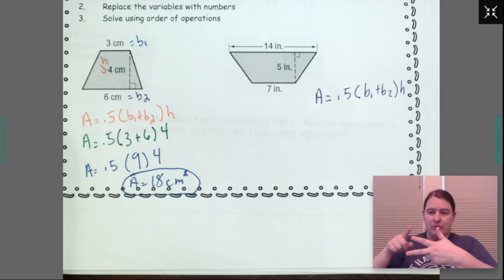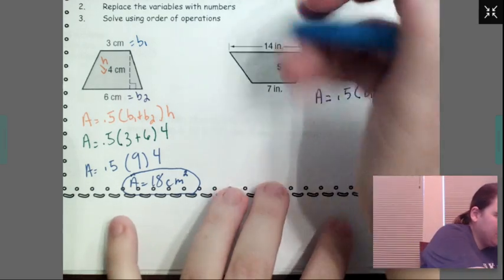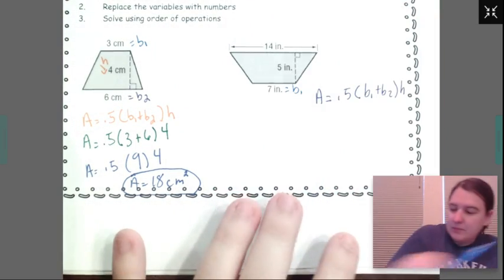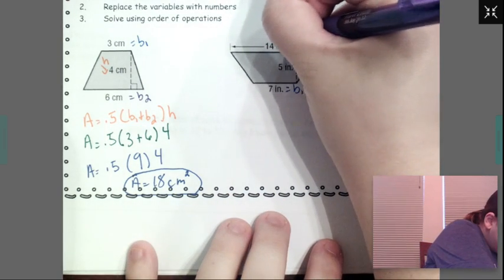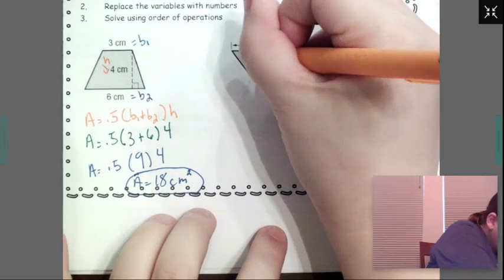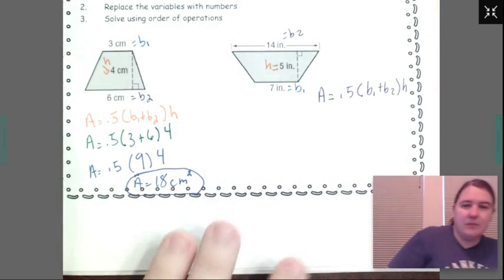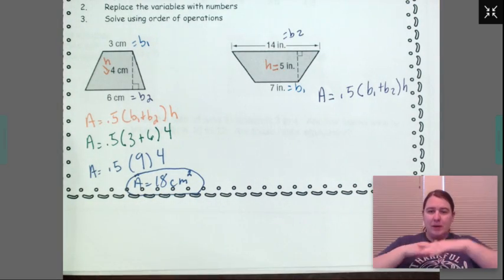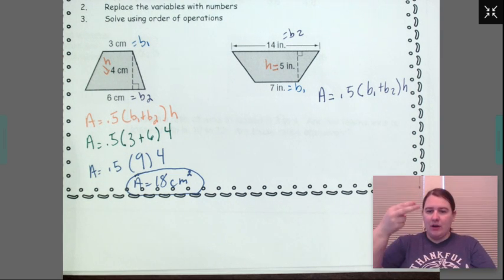Okay, number 2, we replace the variables with numbers. Okay, so we've labeled base 1, base 2, and our height.